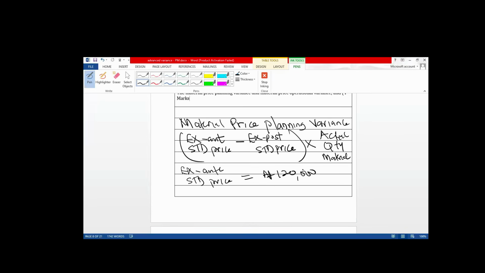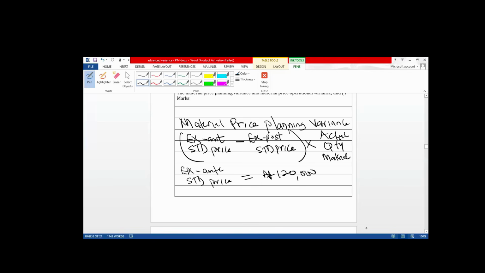The market price, due to shortage of this component in the marketplace, the market price of component X went up to 170. That means this original standard price is outdated.